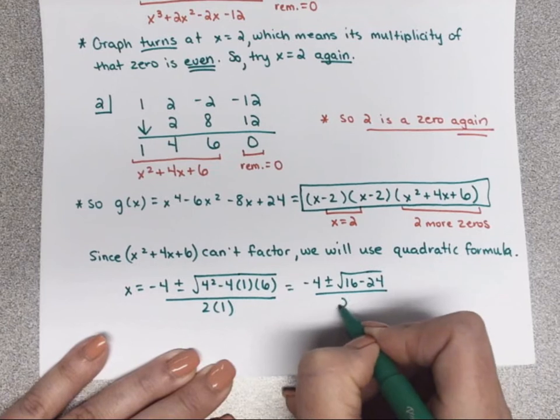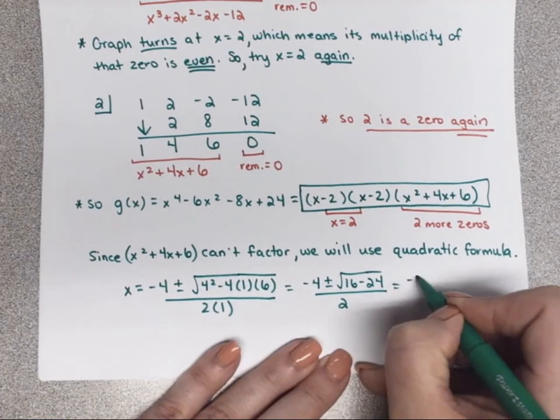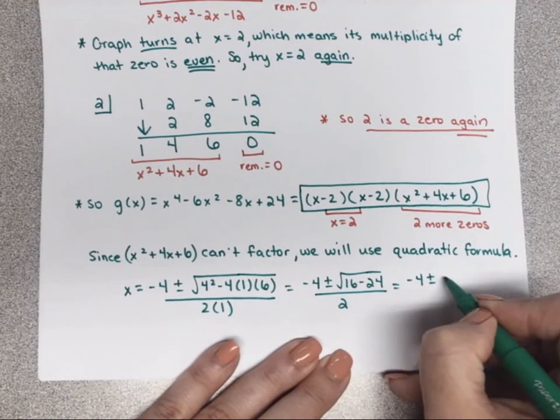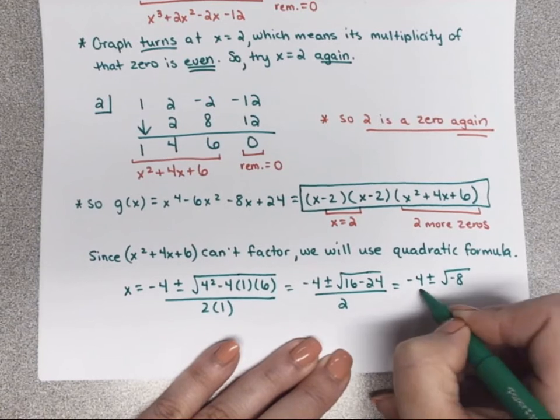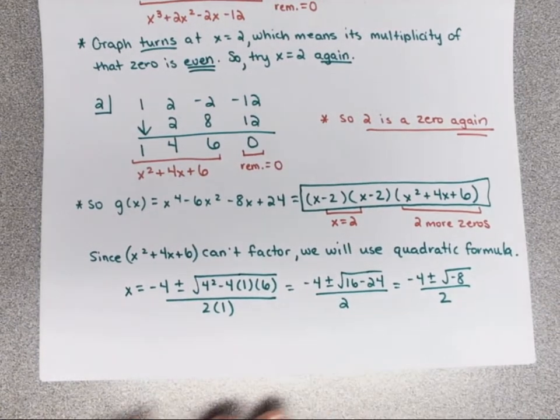So maybe you already notice what might be a little problem. So this is the square root of negative 8 over 2. In other words, what kind of answers is this? We're going to get what kind of answers when we try to take square roots of negatives? We're going to get imaginary, right?